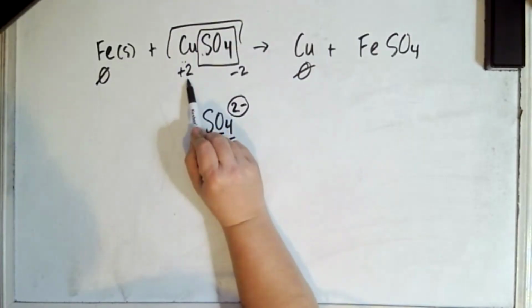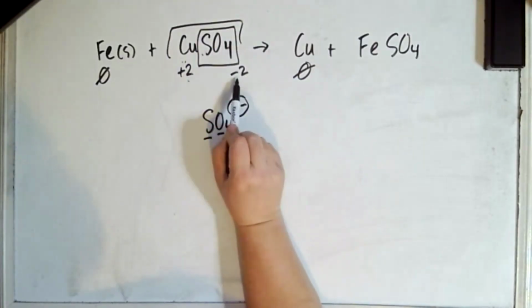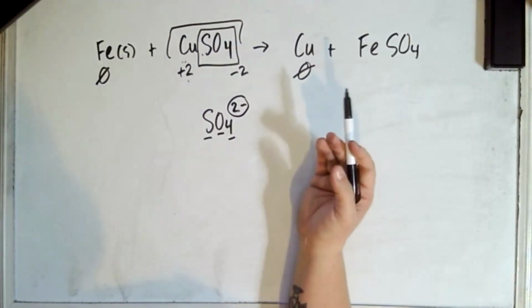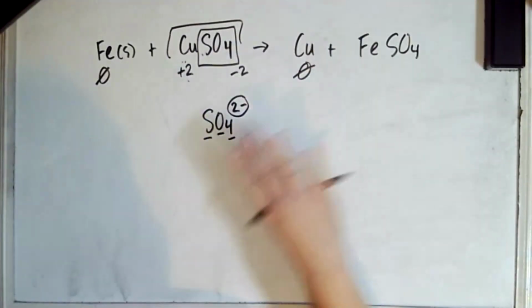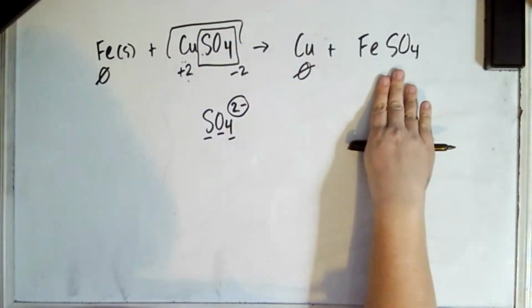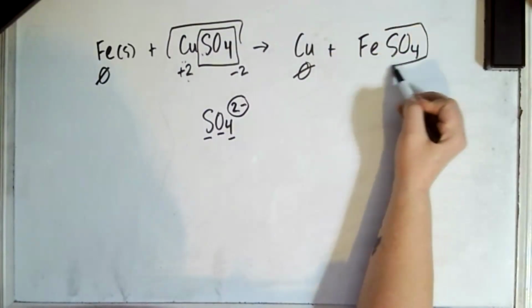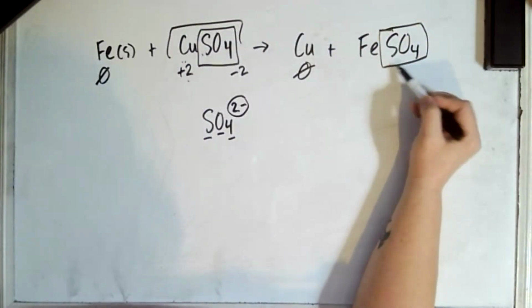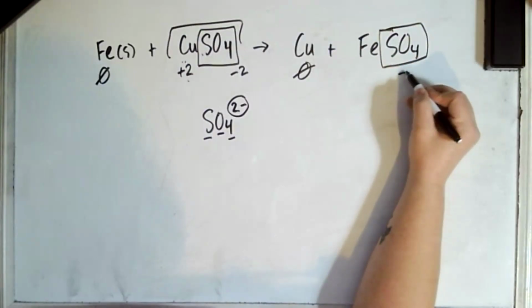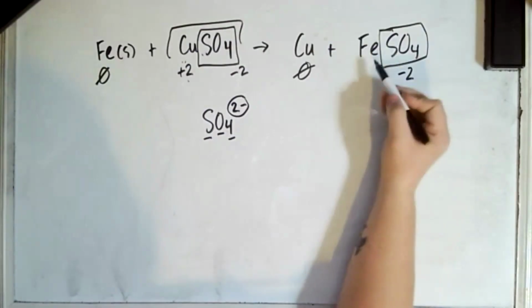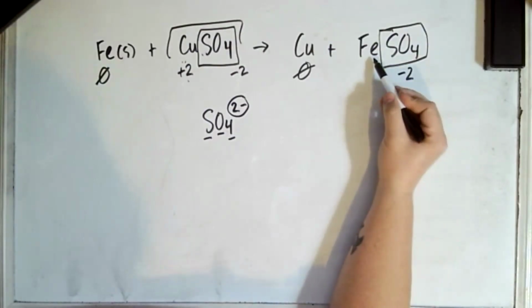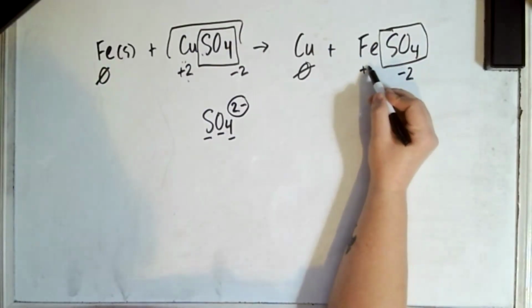The oxidation number of the copper is +2. And when I add them together, it equals 0. Okay. Same thing is true over here. I've got my iron and my sulfate. The oxidation number of my sulfate as a polyatomic ion is -2. That means that the oxidation number of my iron here has to be positive 2.